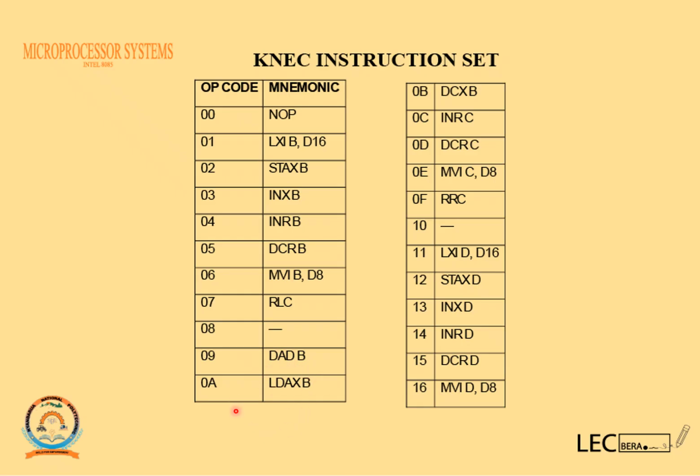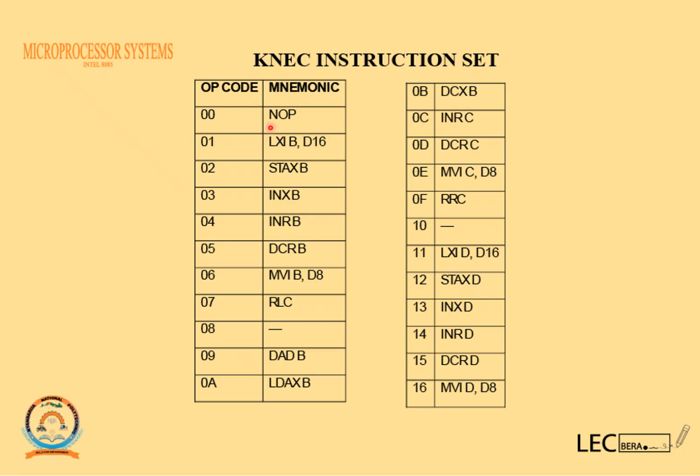The equivalent opcode is 0AH. Remember, this is a hexadecimal number. We have another one, incrementing C. This instruction increments register C by 1. So what is inside register C is going to be incremented by 1 when you execute this instruction. The equivalent opcode is 0CH, which is a hexadecimal number.